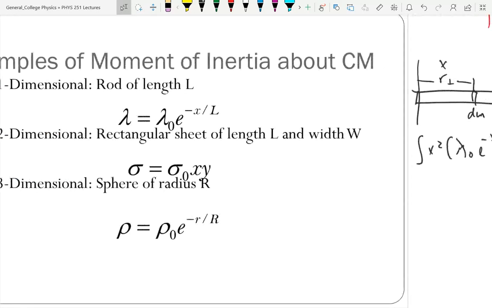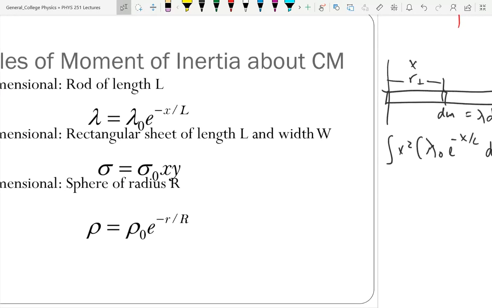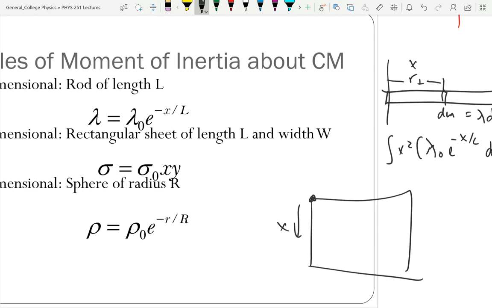Now I think about this, I'm going to choose to rotate about the corner like that. It actually comes out to be the easiest. So I have x is this, y is this. Here's my little piece dm equals sigma dx dy.